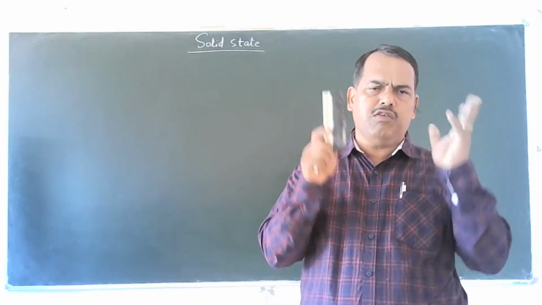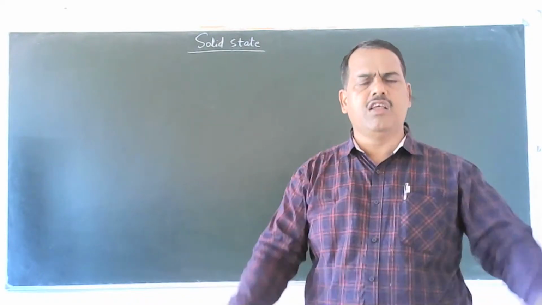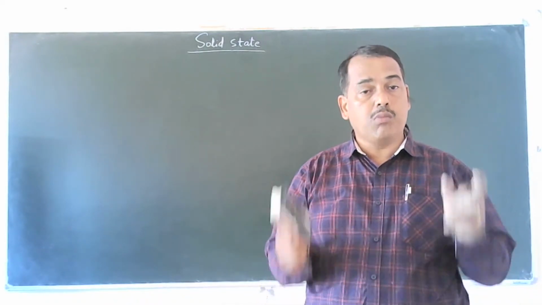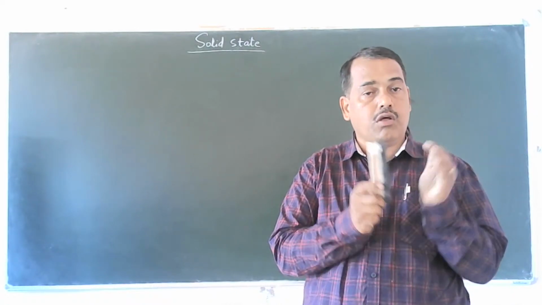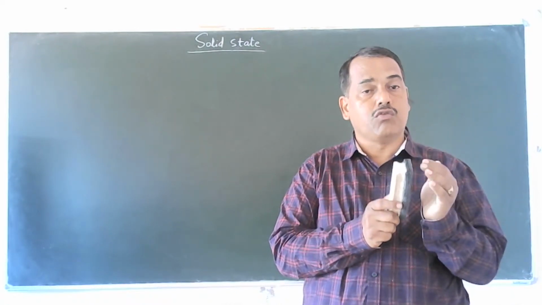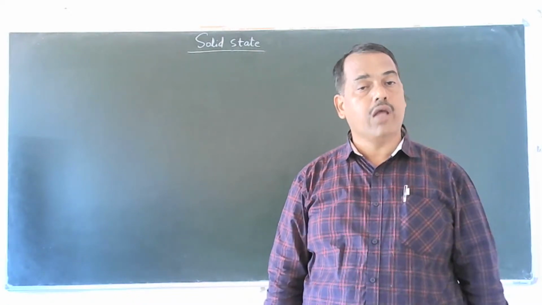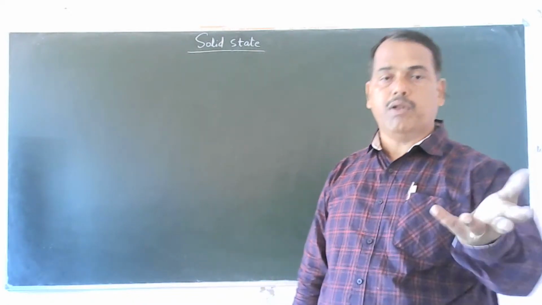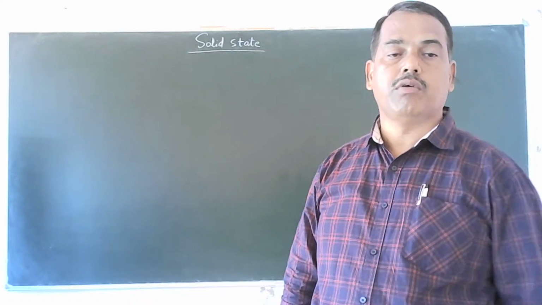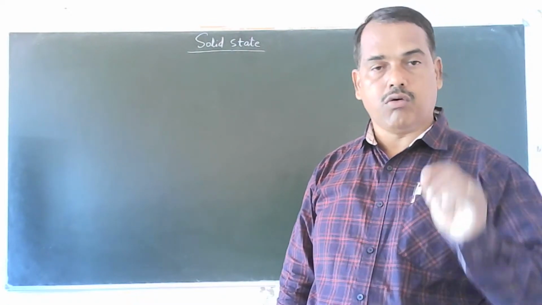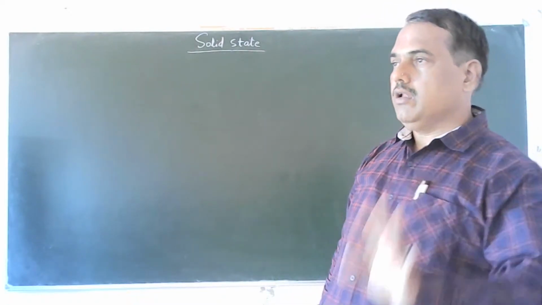See, the distance between the particles is very small, which is negligible. The intermolecular attraction is strong because the particles are very close. So they have definite shape. So a simple 2-mark question can be asked: what are the characteristics of solids? You have to write this. Okay.